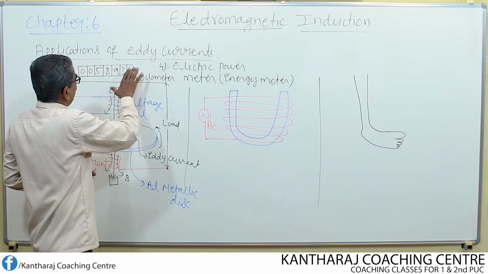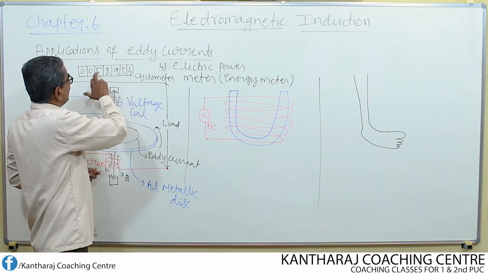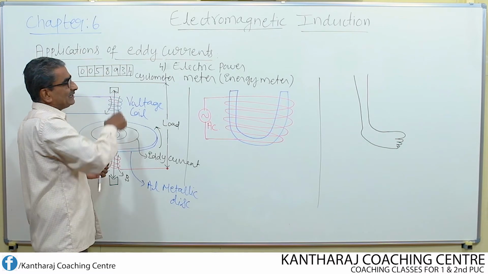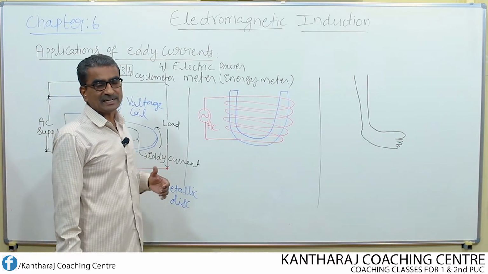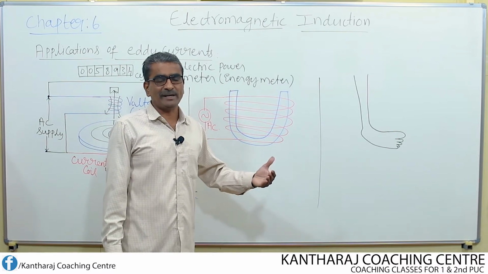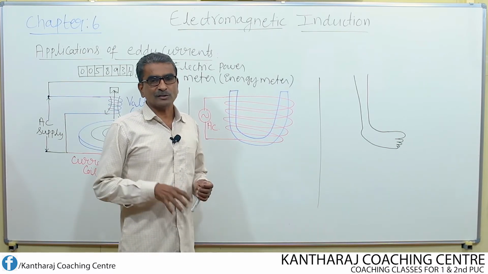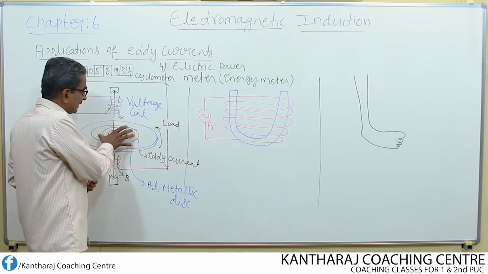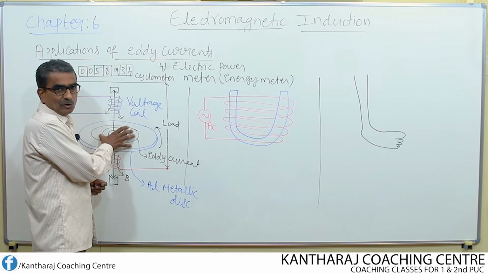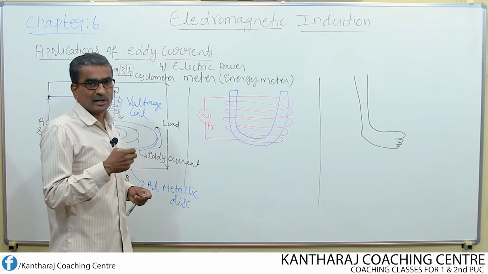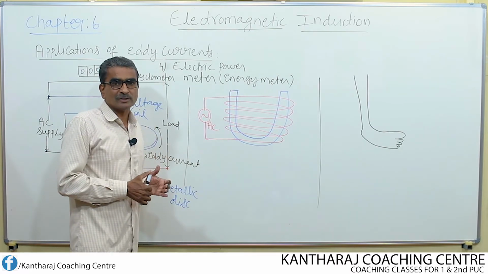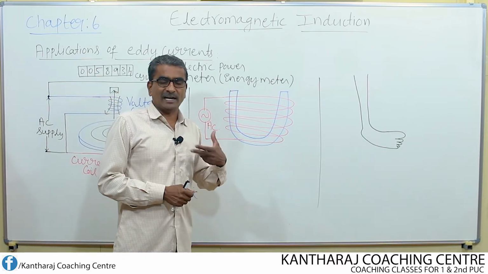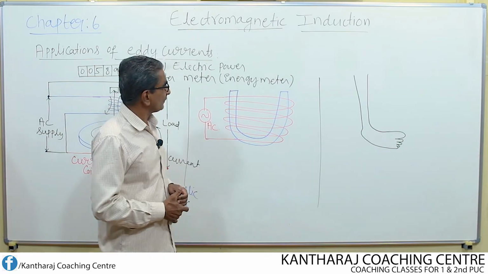By taking this numerical count into consideration, how much electric energy is consumed can be found out. So, this is how eddy current plays an important role in measuring the amount of electric power used both in houses and in industries.